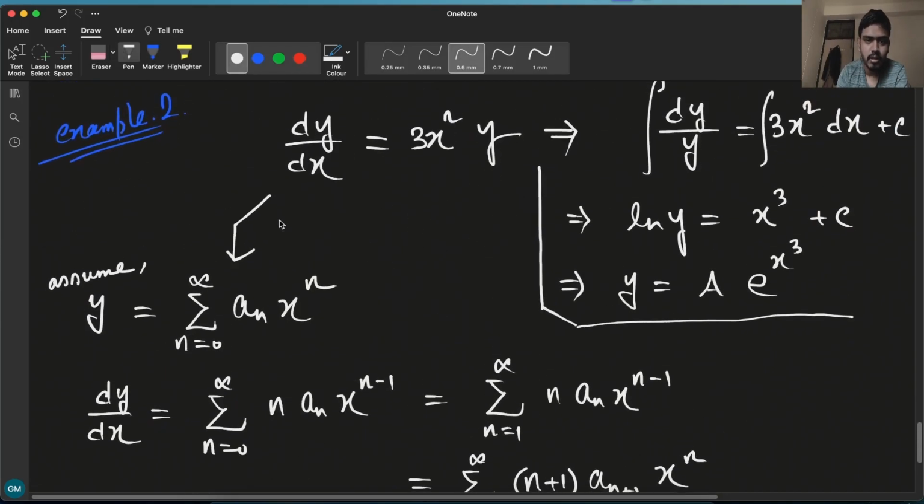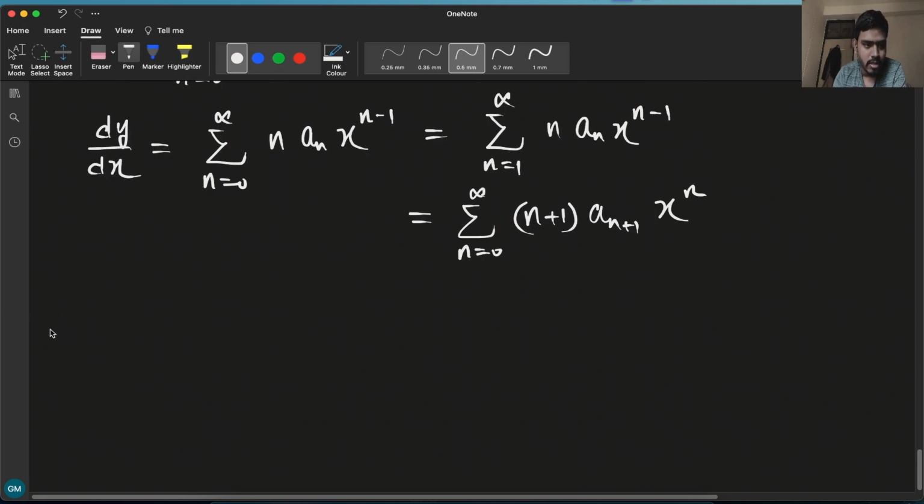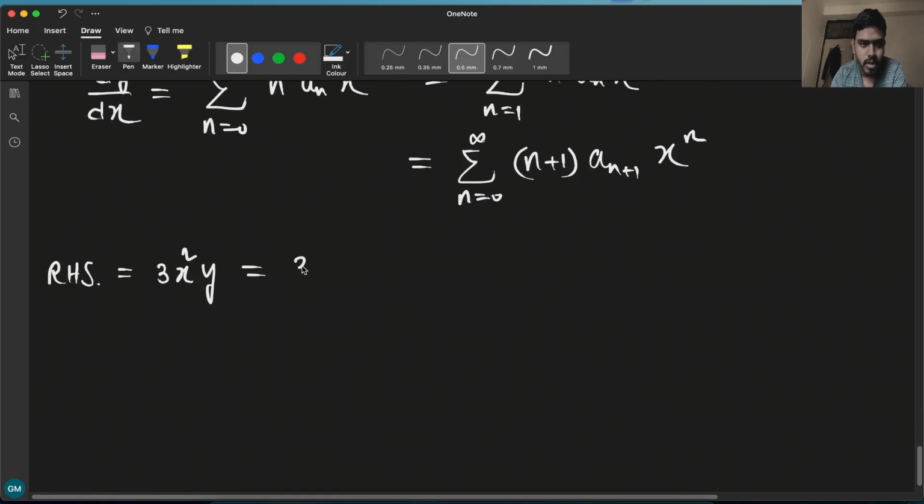Now on the right hand side, what we have is 3x squared y, which is 3 times the sum over n equals 0 to infinity of a_n x to the power n plus 2.